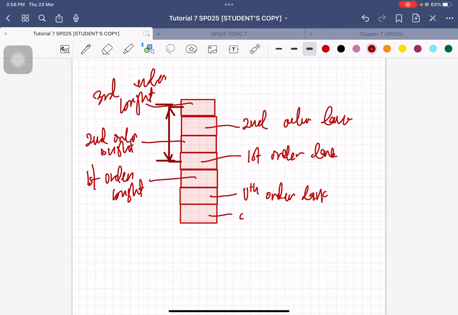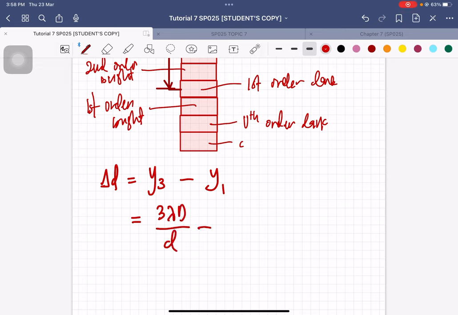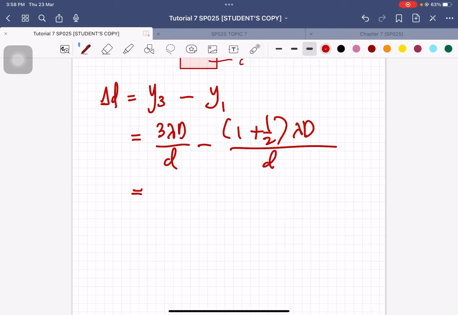What we are going to do is use the formula from earlier, where we find the separation by doing delta D equal to Y3, which is the bright fringe, minus Y1, which is the dark fringe. So here, 3 lambda D over lowercase d minus 1 plus half lambda D over lowercase d. Just factorize out the constant, then you just solve for the numbers.